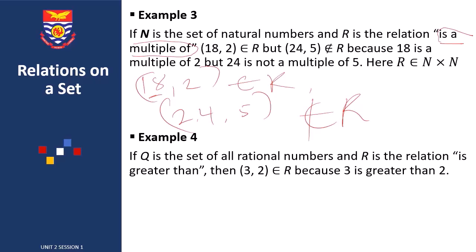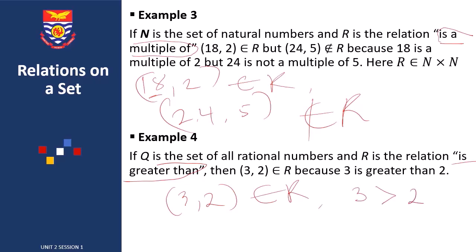Good. Example 4. If Q is the set of all rational numbers and R is the relation 'is greater than', then what can we say about (3, 2)? We can clearly say that (3, 2) is a member of R. The reason is that 3 is greater than 2.